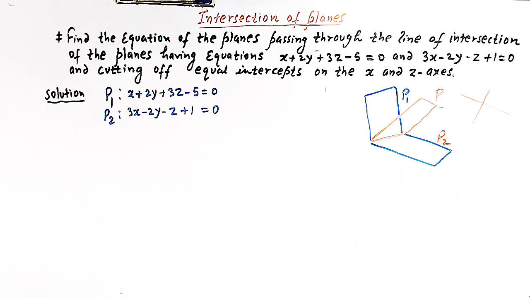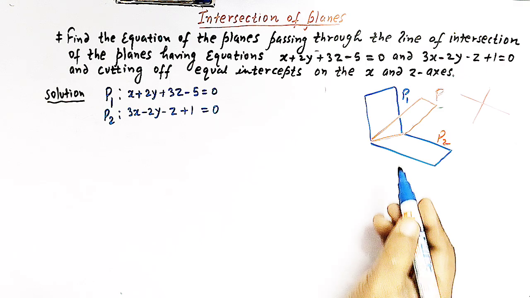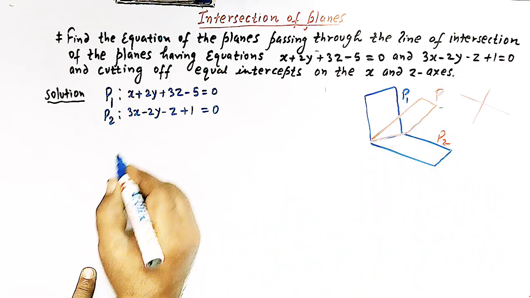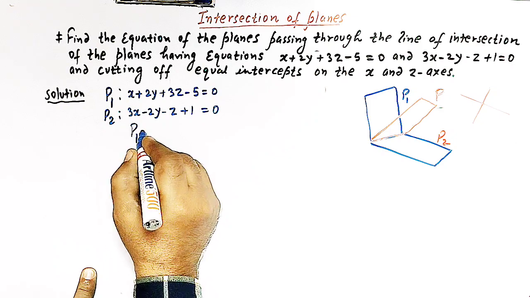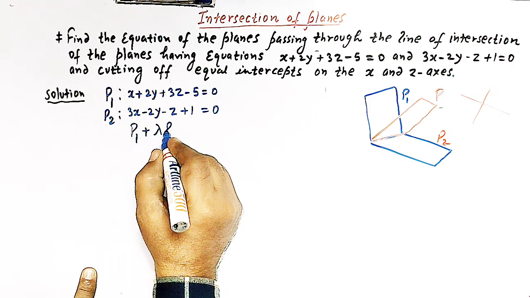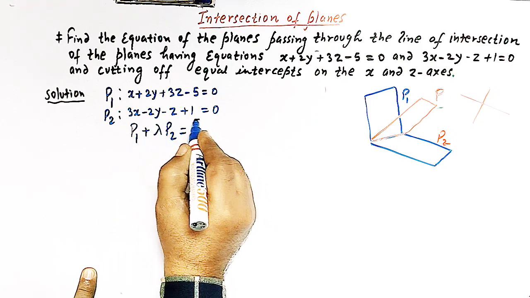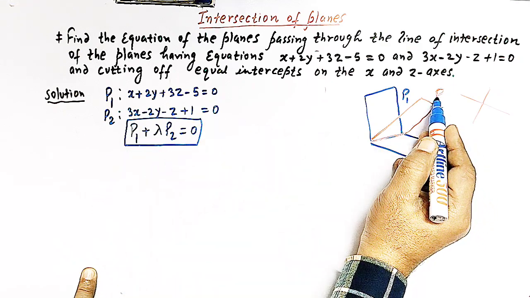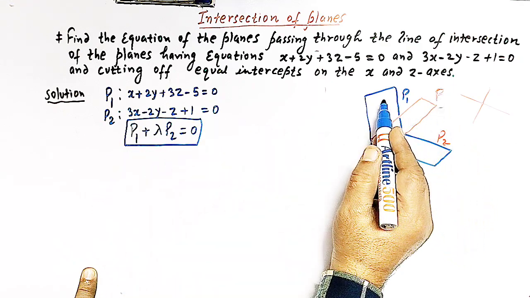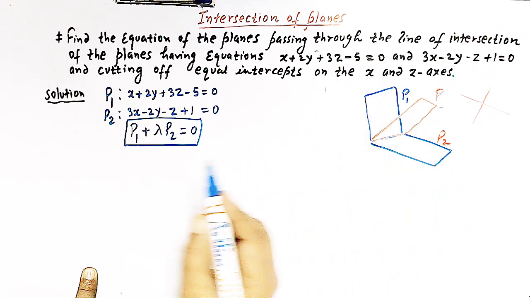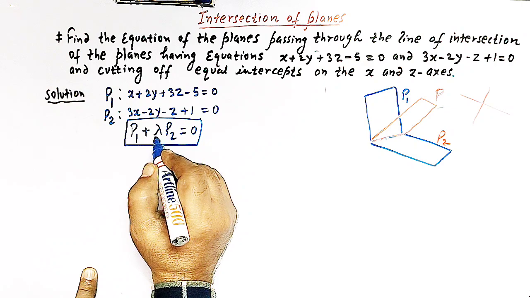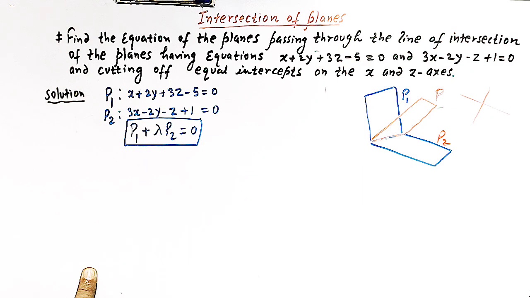So the equation of the plane P which passes through the line of intersection of planes P1 and P2 is given by P1 + λP2 = 0, for some value of lambda, where lambda is a scalar.